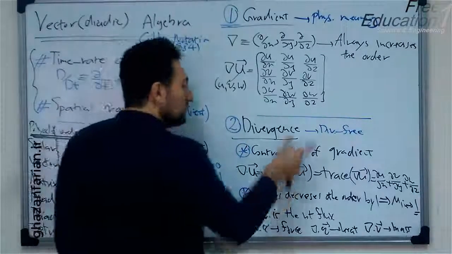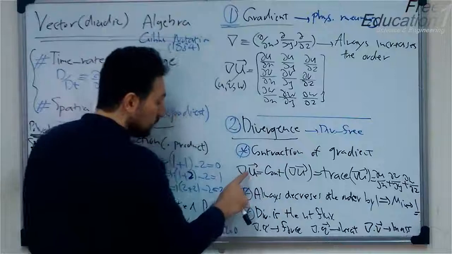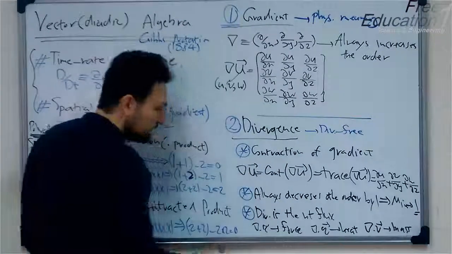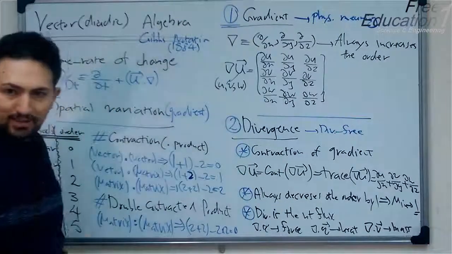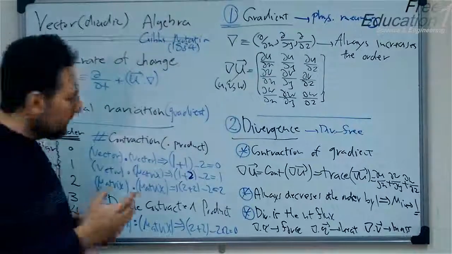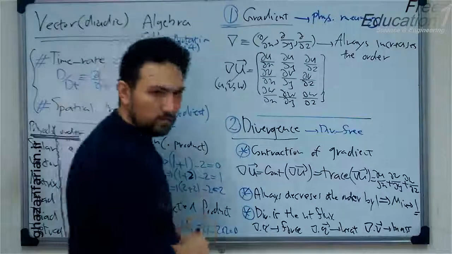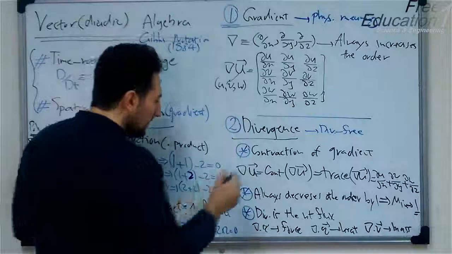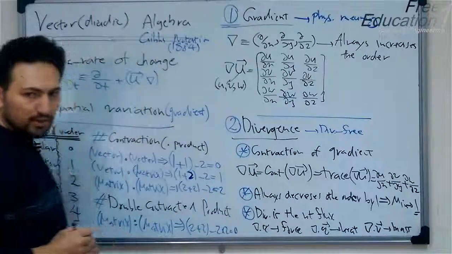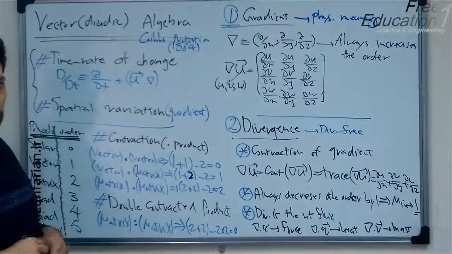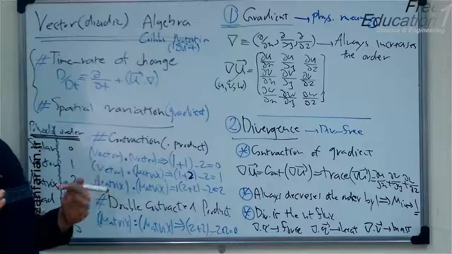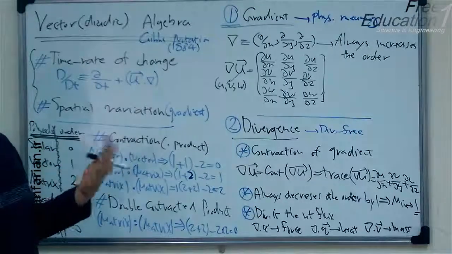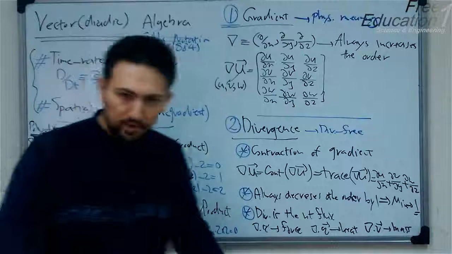You have to compute the gradient operator first. You ignore this dot product here. This is the gradient of velocity. Compute this. I've already computed it here. Then apply the contracted product. And as I told you, the contraction process produces the trace of that matrix.